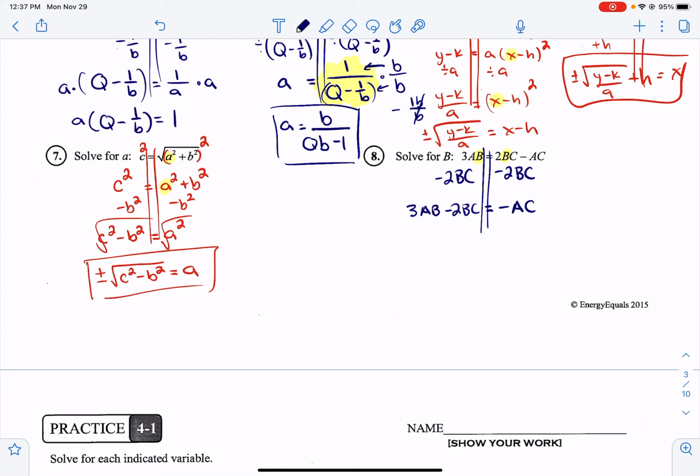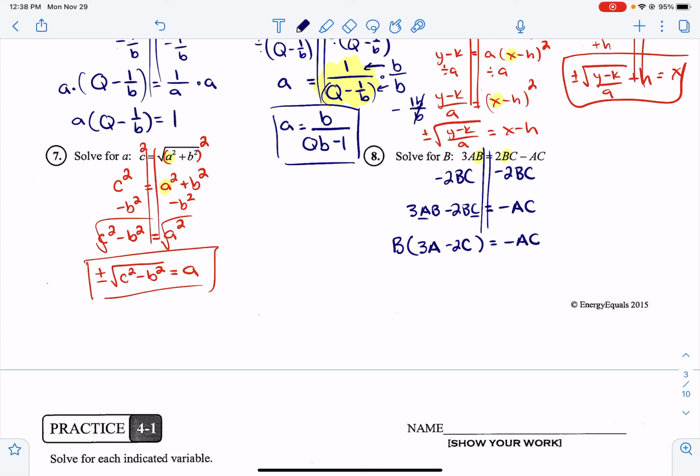Now, again, I've got a B in two different terms. And I can't add those together because one of them has an A, one of them has a C. So I'm going to do my factoring trick where instead of putting those together, I'm going to factor the B out. So I'm left with 3A minus 2C, and that's going to equal negative AC.